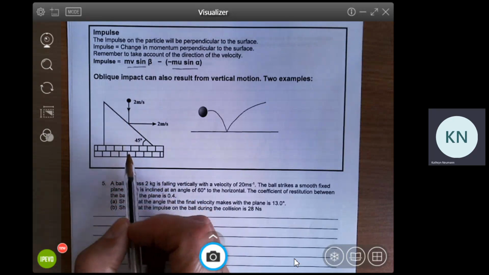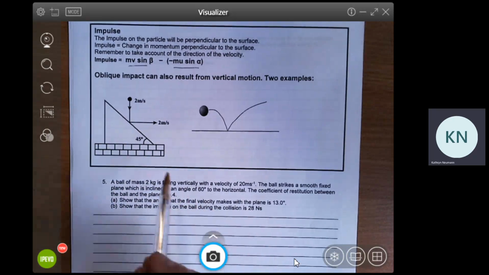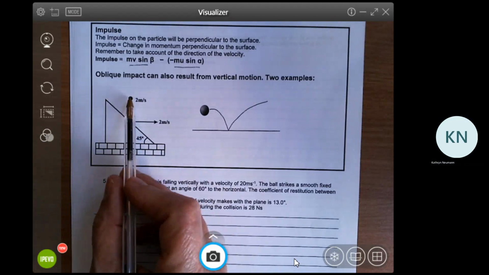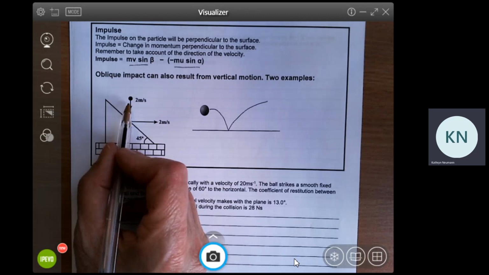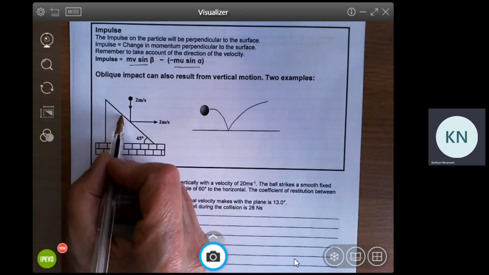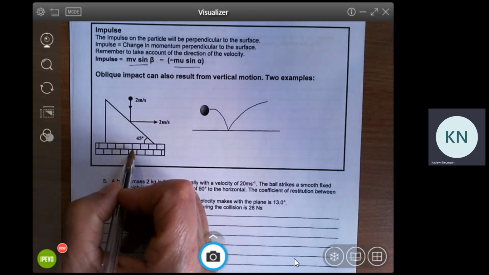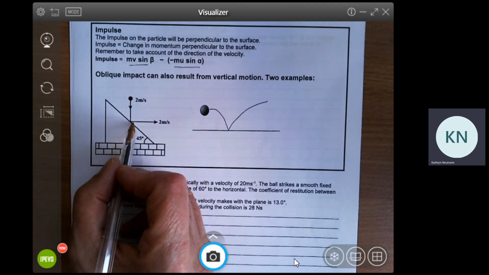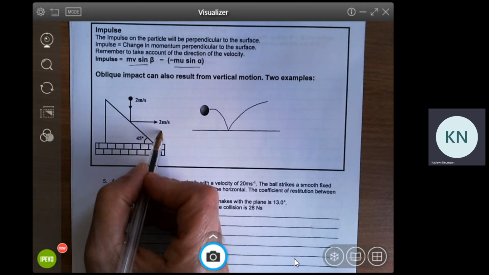So two different examples of that sketched out here. If you drop a ball onto an inclined plane, then it is essentially approaching that plane at an angle, and it will bounce off at a different angle. This particular example shows it coming off horizontally. It won't always. It might come off at an angle down like this.